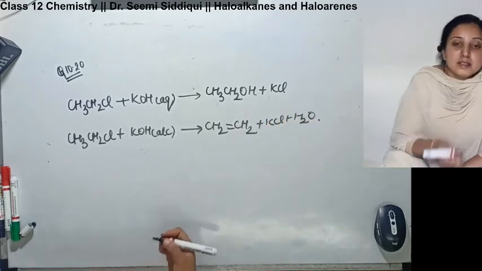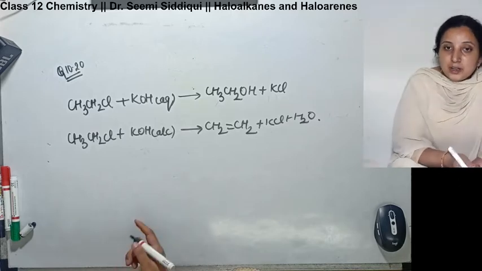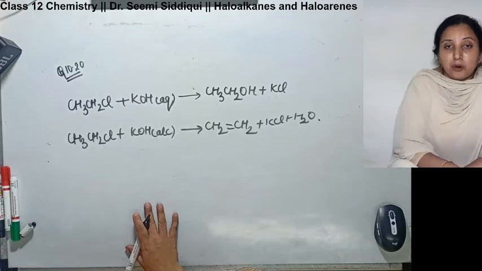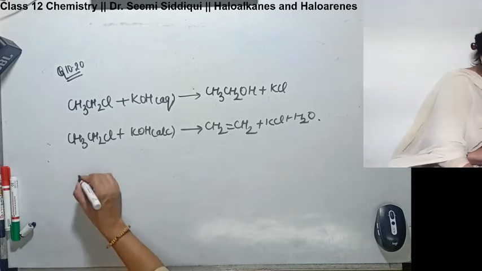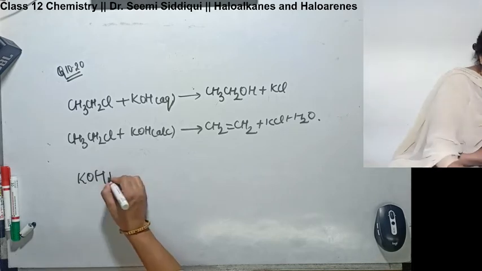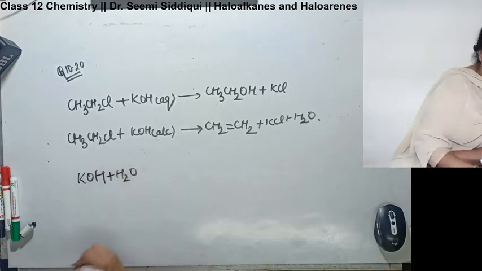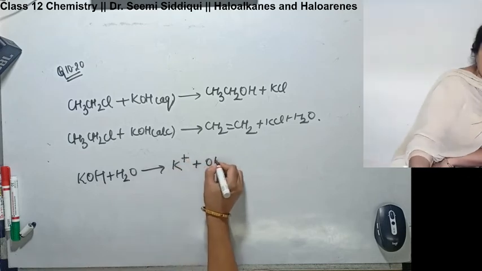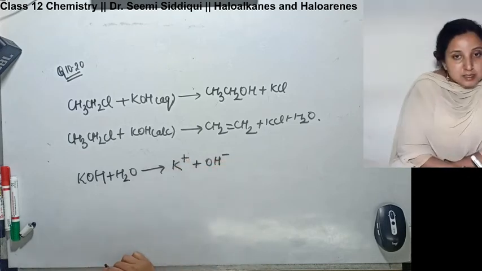Now what is the reason behind it? In the theory classes I have already discussed this question, and I told you that it is a very important question. Let's look over here. KOH, when it dissociates in the presence of H2O, dissociates completely into K plus and OH minus.